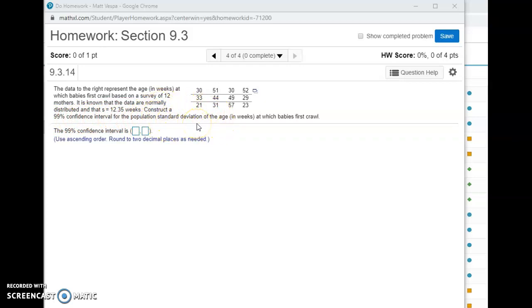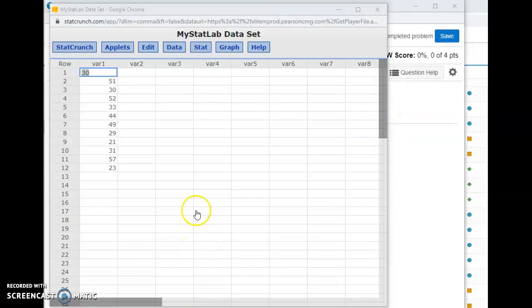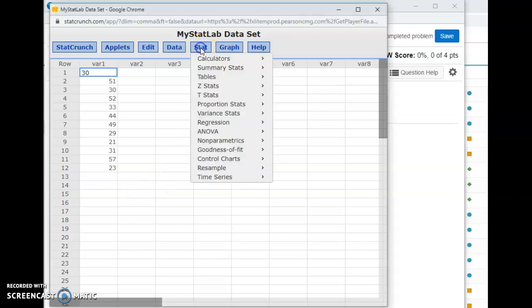I need to be able to pick that out so that when I import my data into StatCrunch, I understand that the process for this confidence interval is different than for a proportion or a mean, because the sampling distribution for the standard deviation follows a different distribution.